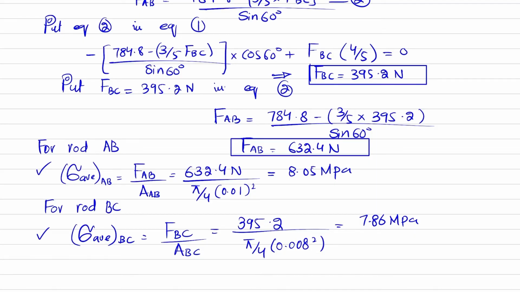Now what if I represent this average normal stress in rod AB? So this was the rod, clear. For example, this is the rod having this diameter. So this is the load FAB, which is equal to 632.4 Newton.